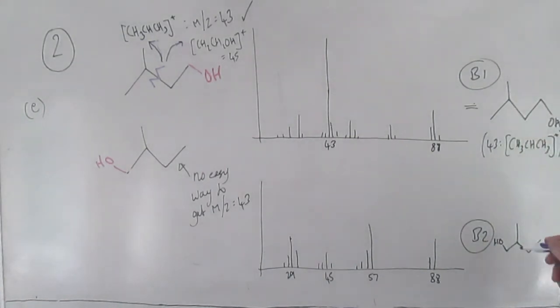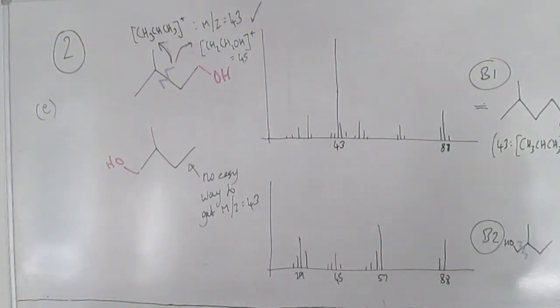Okay, so if we break it here, you can get CH2OH, which adds up to 31, or you can get this 4 carbon fragment, which would be CH3CH2CHCH3 plus, and that indeed adds up to an m/z of 57.